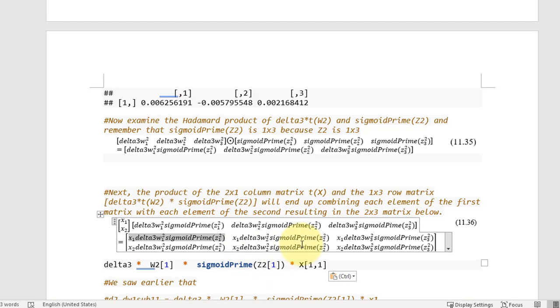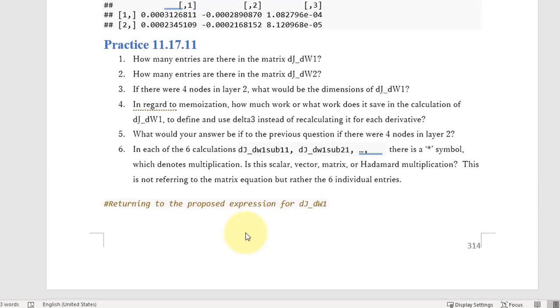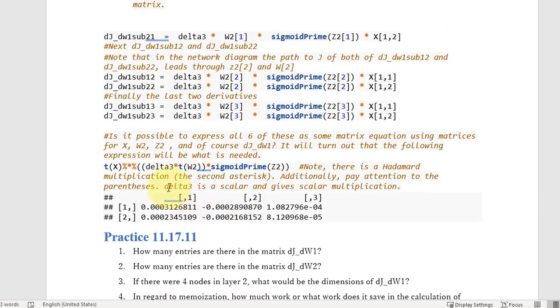So you can go through and make sure that all of these are correct, but they do seem to be correct. And so we have the mathematical expression for the derivative matrix for capital W1, all the weights in the W1 level, and we have the code for it as well. And we put all of that code in, gave it the name here.